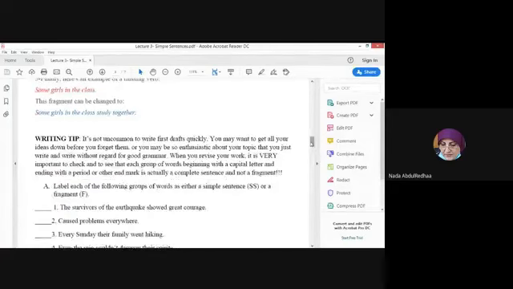Now we are going to have an exercise or a test, but before that we have something to mention about writing. It is not uncommon to write a first draft quickly. When you are writing your first draft, you should be careful and take your time.